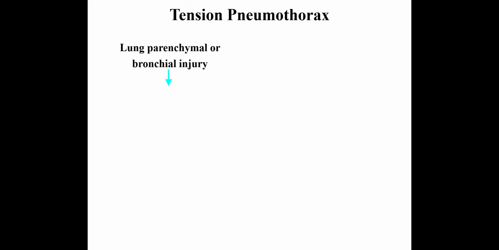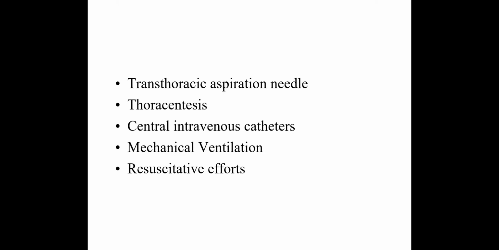Tension pneumothorax is the presence of a large lung or bronchial injury causing an air leak. The site of the air leak acts as a one-way valve, allowing air to enter the pleural cavity but not allowing it to return back.